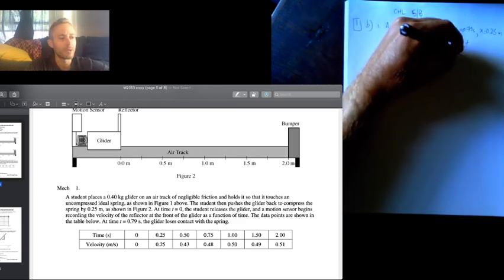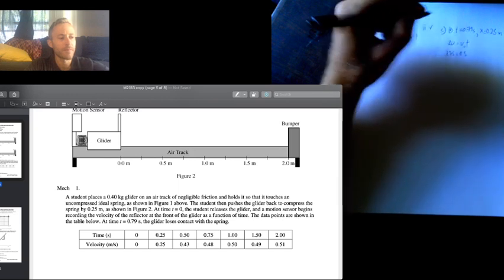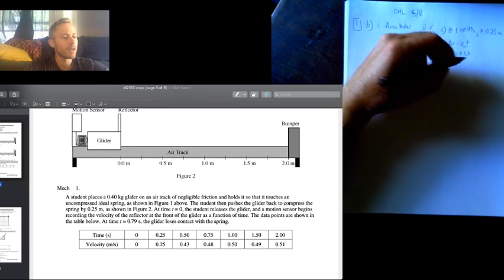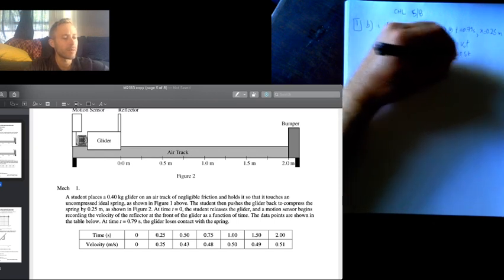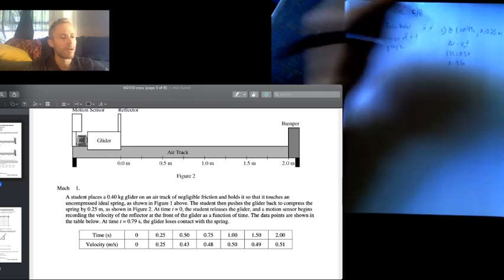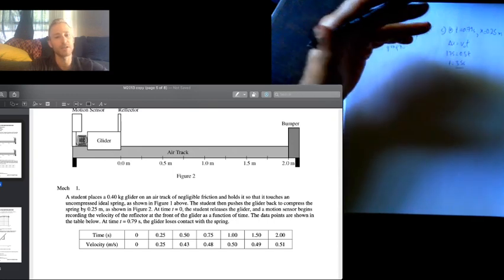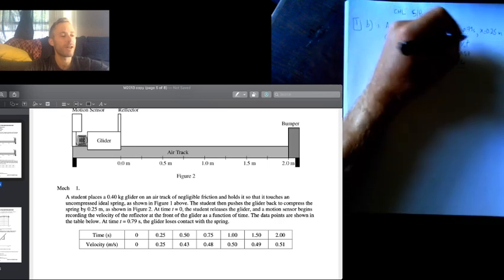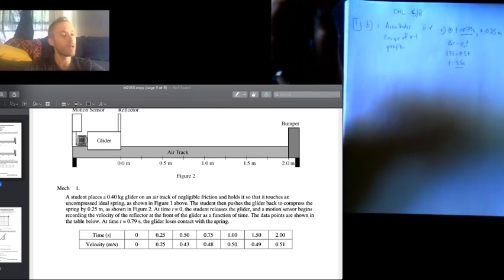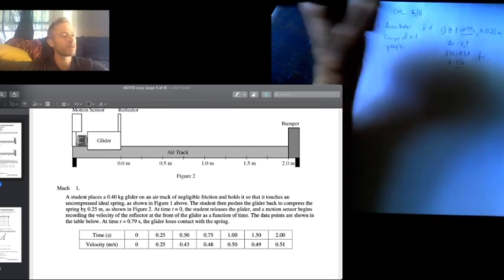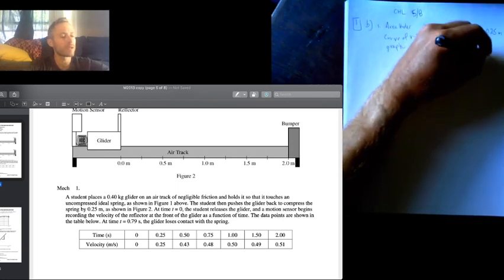And the velocity we know is 0.5. So we can solve for time, and that tells us that the time is 3.5 seconds. This is the time after losing contact with the spring. So we have to add the 0.79 seconds to that to get roughly a time of 4.3 seconds or so.